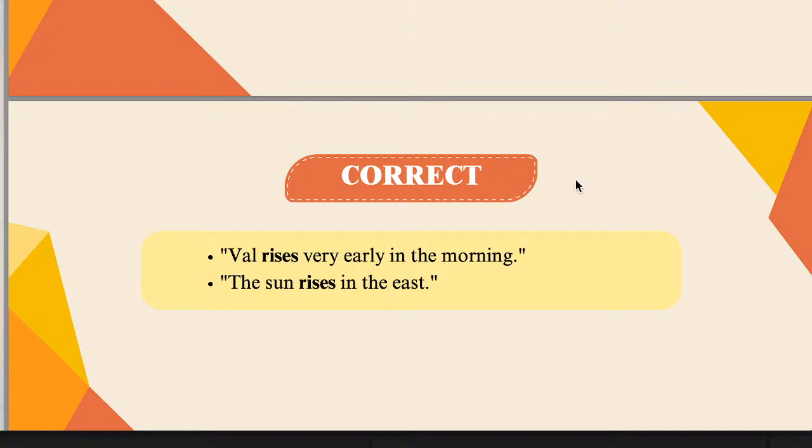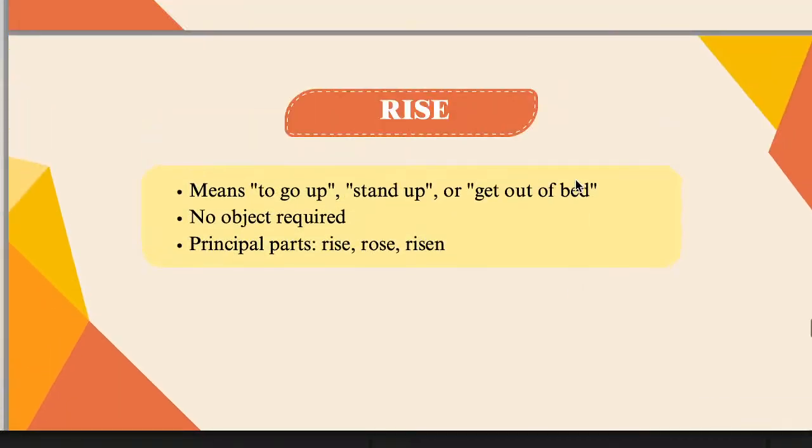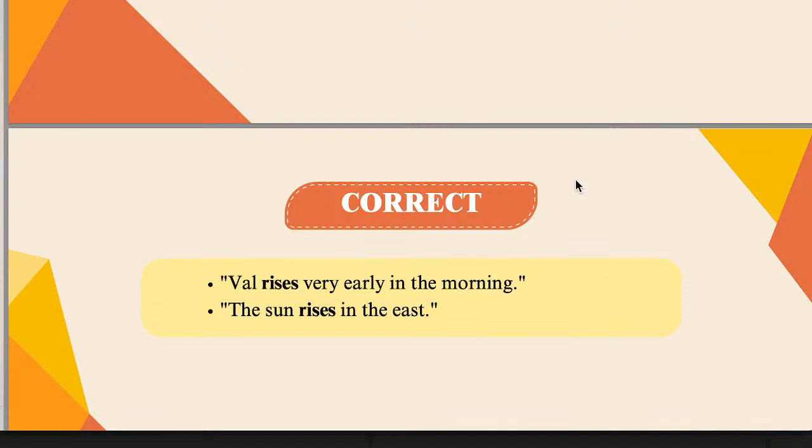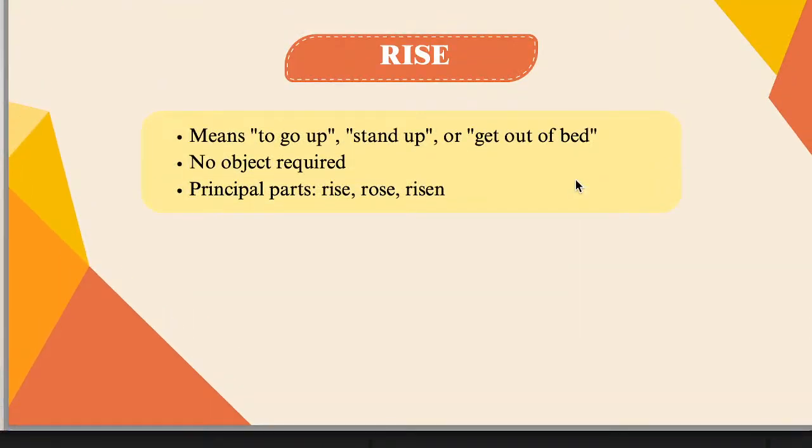Now, Vaal rises very early in the morning. So you're talking about rise, which means to wake up here. The sun rises in the east. Now here rises means to go up.